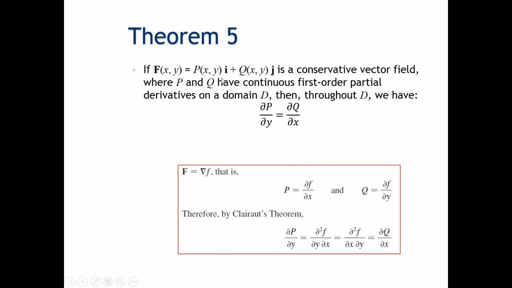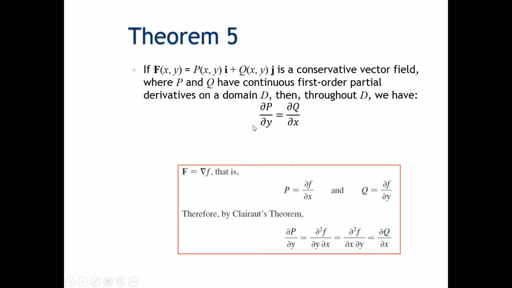If F(x,y) is equal to P(x,y) i plus Q(x,y) j is a conservative vector field, where P and Q have continuous first order partial derivatives in domain D, then throughout D we have partial P over partial y is equal to partial Q over partial x. Okay, if F is a conservative field, then this condition is satisfied.